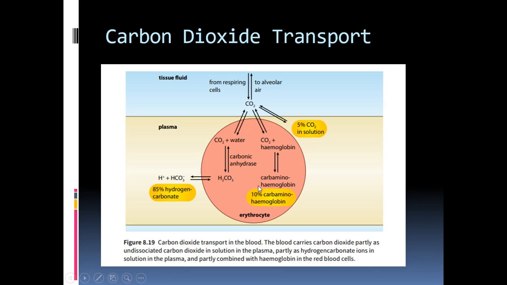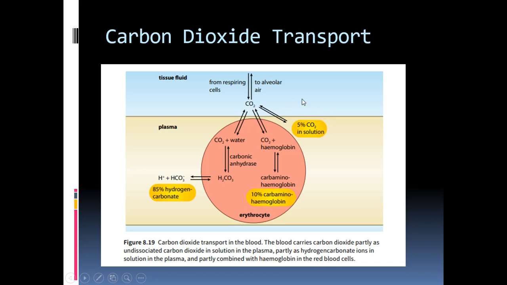About 10% of carbon dioxide will be transported back to the lung in this form. Then about 5% of carbon dioxide will just move into the blood plasma and dissolve in the blood plasma as it is, as carbon dioxide, before being transported back to the lung.